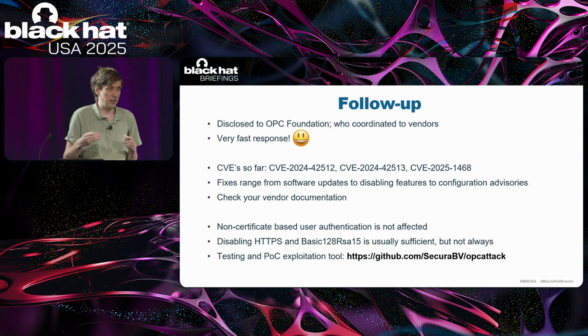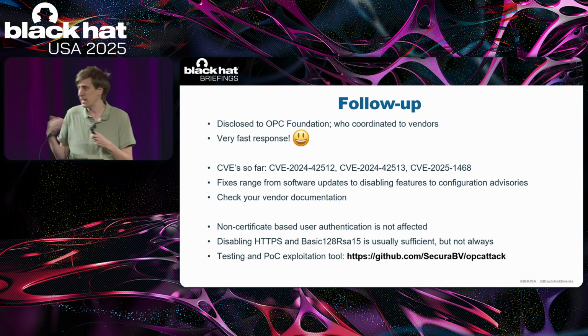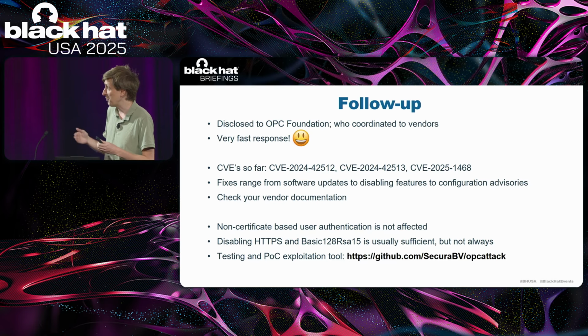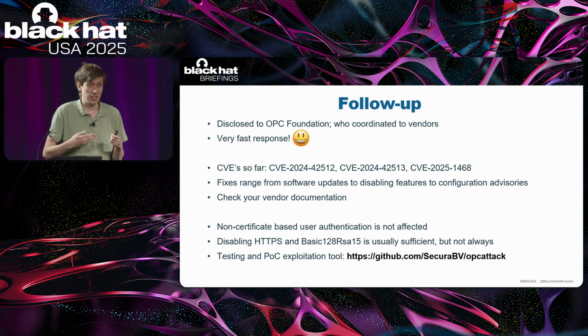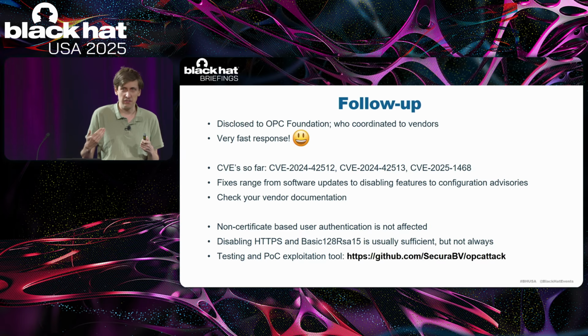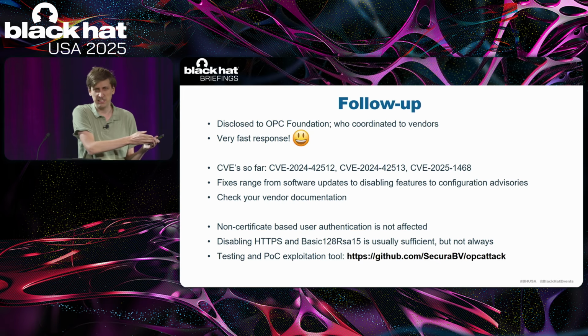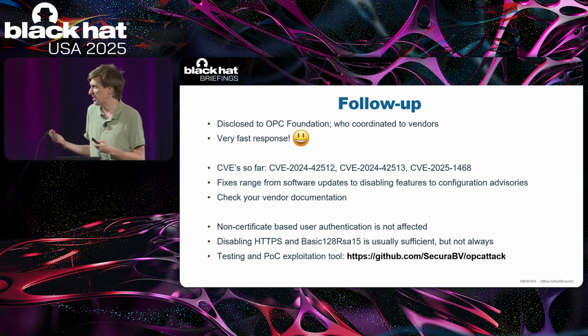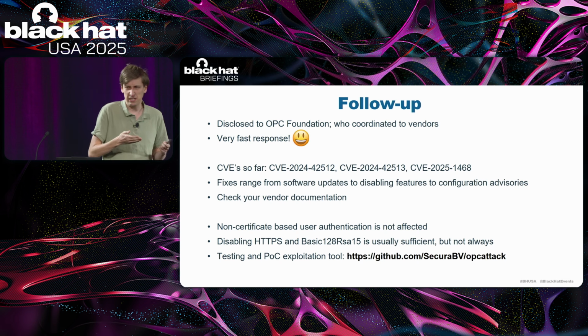Some included workarounds to make the padding oracle attack impossible, and also altered the documentation or added warnings in the software, saying please don't use this RSA method, or changed the defaults. It changes from vendor to vendor how this was solved. And it's pretty important, if you run OPC UA and use client authentication, that you check your vendor documentation and advisories to see if you need to do anything about this.